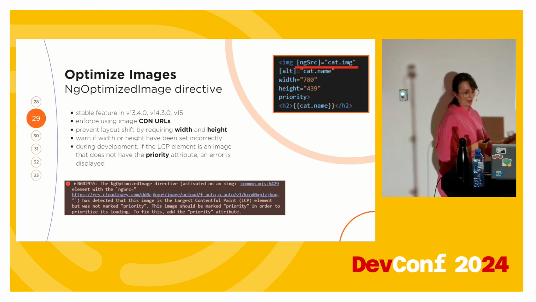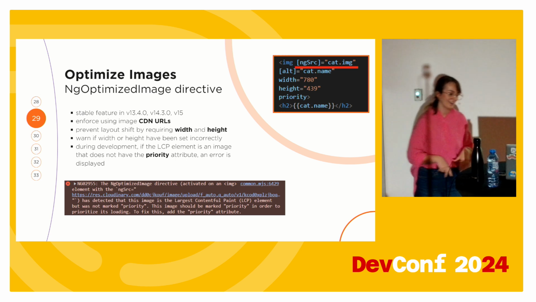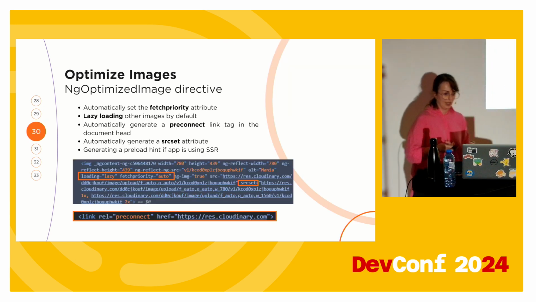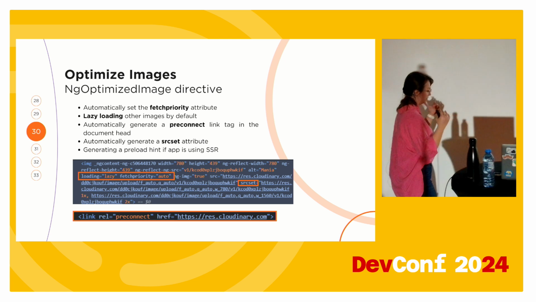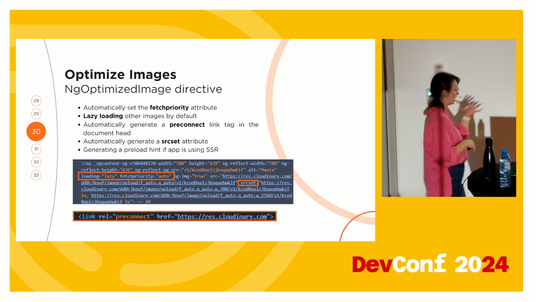Please prioritize this LCP. And hooray, now we know that this is our LCP image. So we have some kind of bonus. What's more, all of the other images where we don't set priority are lazy loaded.